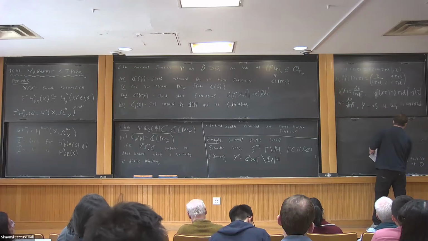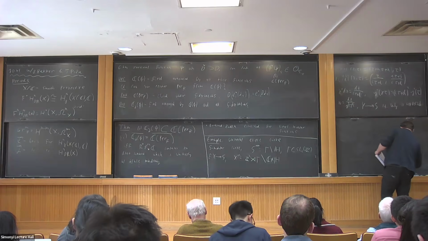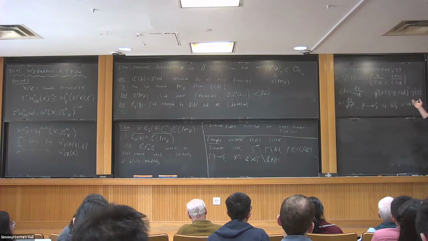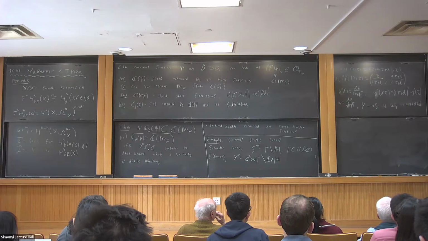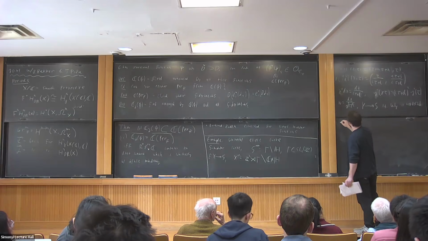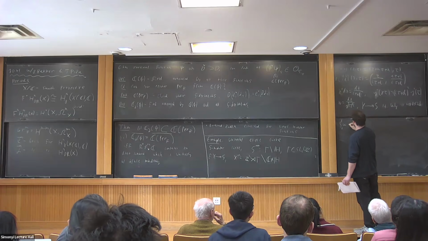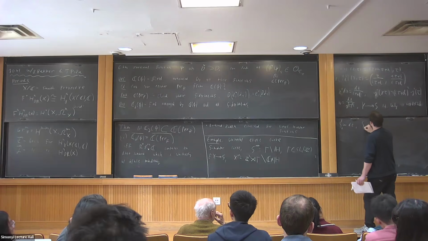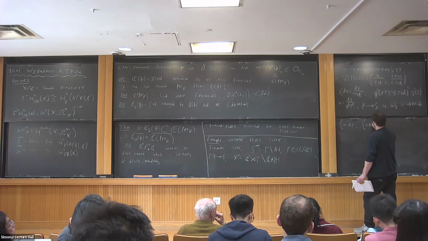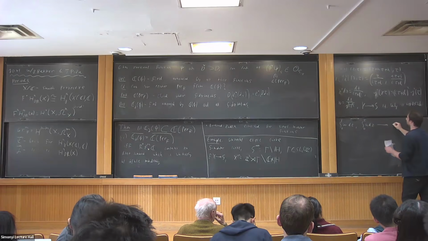Okay, so now I can start integrating. The periods of my elliptic curve are just C mod 1, tau. So it's just 1 and tau. So the two periods I get are the integral of omega from 0 to 1 in the z coordinate, and the integral of omega from 0 to tau in the z coordinate.